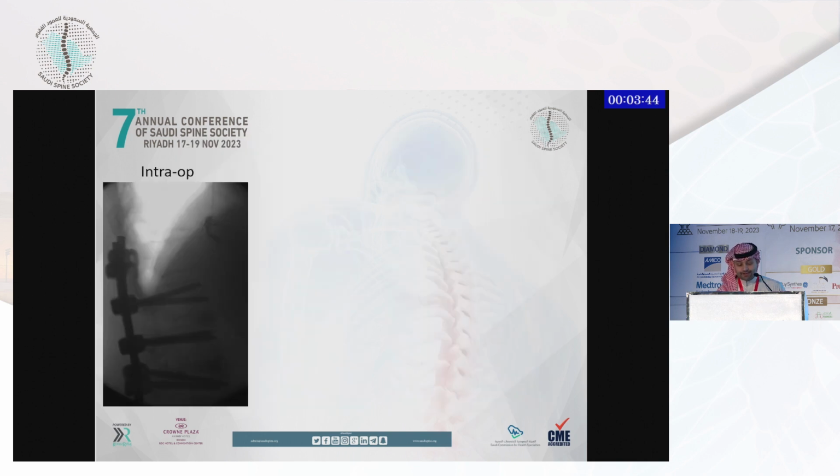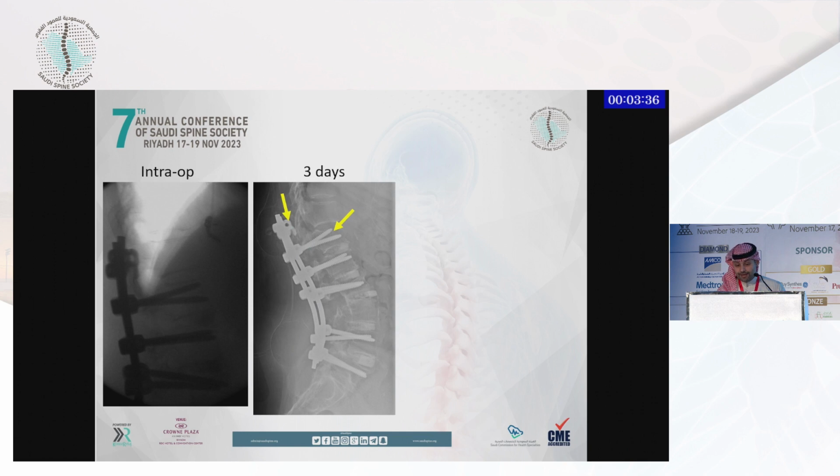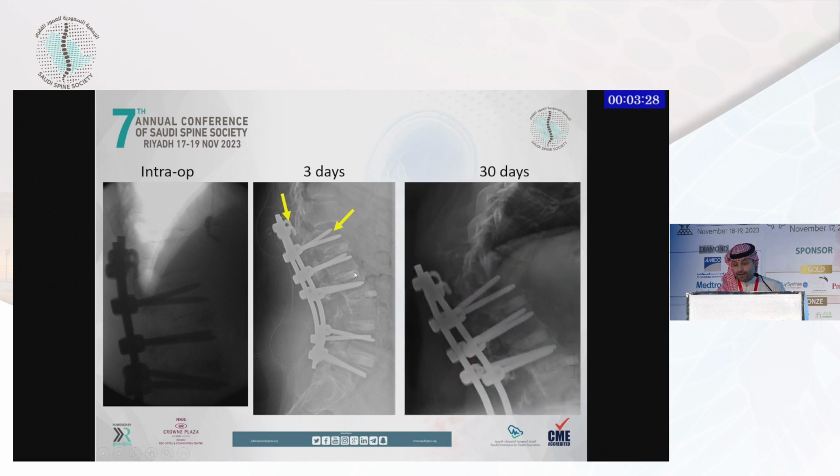Another surgery was done elsewhere, and they extended the fusion by 3 levels and used soft landing at the upper levels. As you can see, intraoperatively the screws were in the body. Just 3 days post-op, one of the screws cut out the upper end plate. And after 1 month, there was complete collapse and significant PJK at that level.